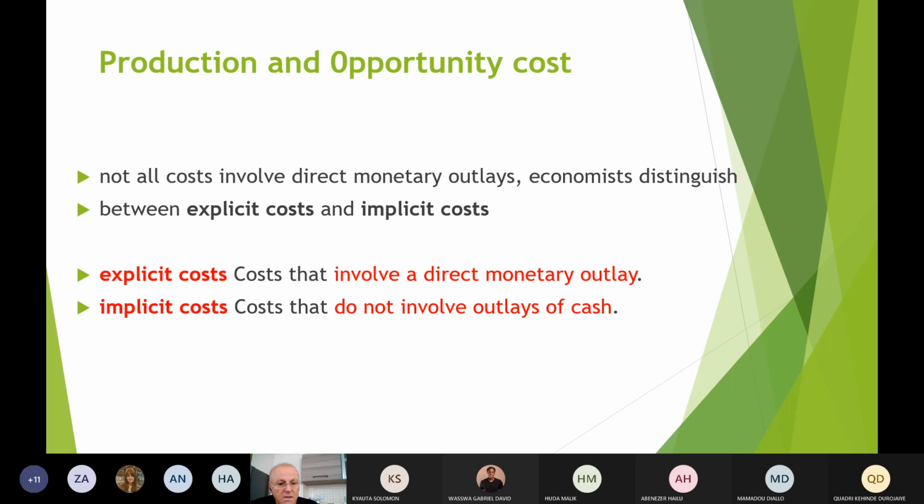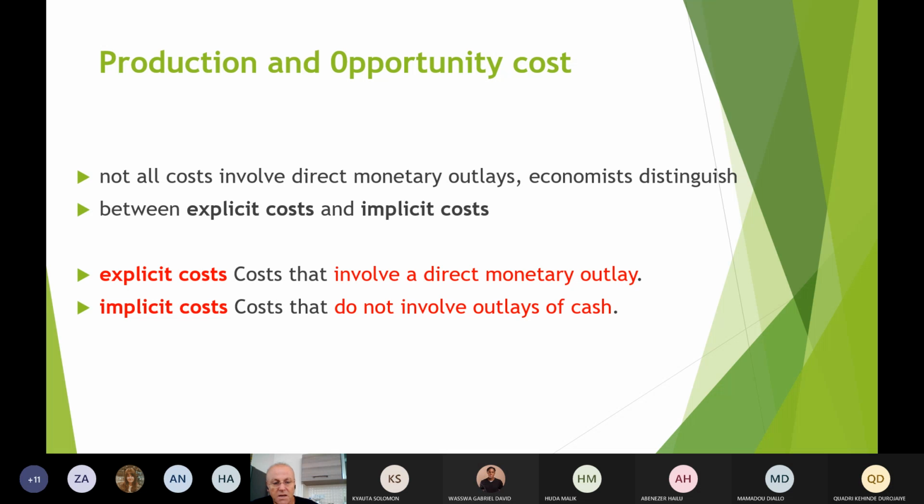As you see, there are explicit and implicit costs, and if you are concentrating on production and opportunity cost, you have to understand them. Not all costs involve direct monetary outlays, and economists distinguish between explicit cost and implicit cost.